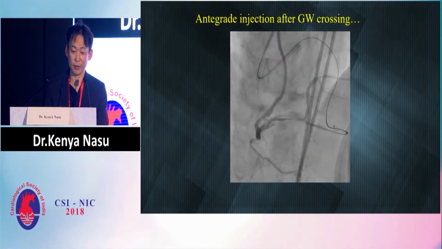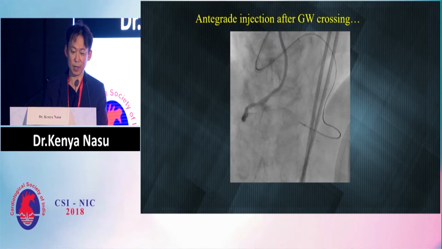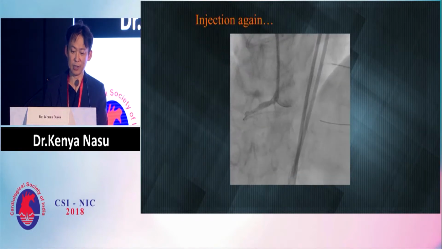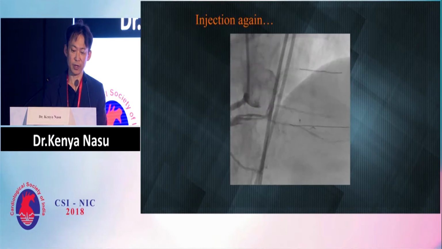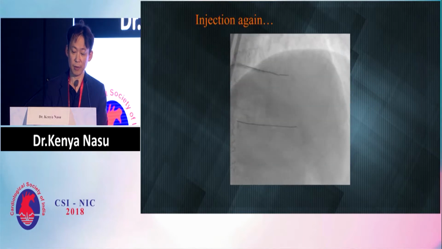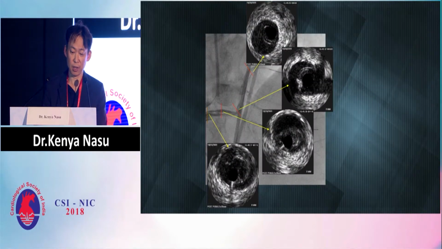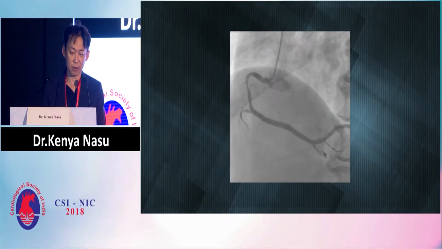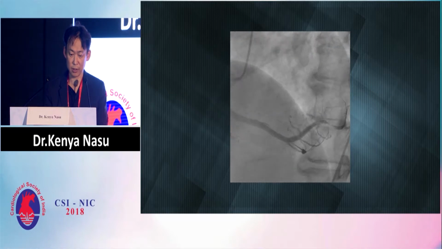Sometimes it's okay. We can confirm the stenting position. But the operator injected again, so you can see the hematoma from the antegrade to the AV branch. So we needed additional 3 stents like this. The final shot is okay, but we needed very long stenting for these cases.